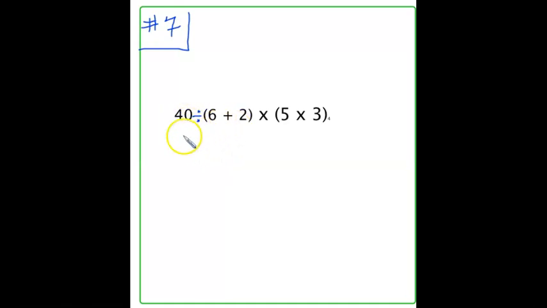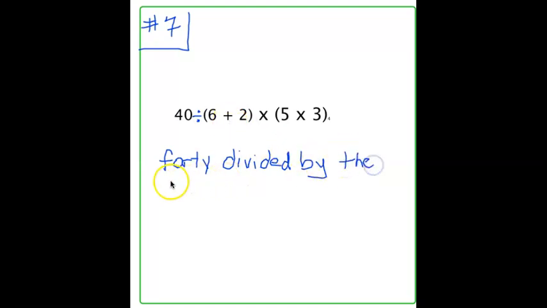So the first thing we need to translate is 40 divided by, what do we call this? We can't call it 8 because we're not looking for an equal sign type of thing here. We just need to know how to describe this. So we could say 40 divided by the sum of 6 and 2. And then what are we doing with all of that?